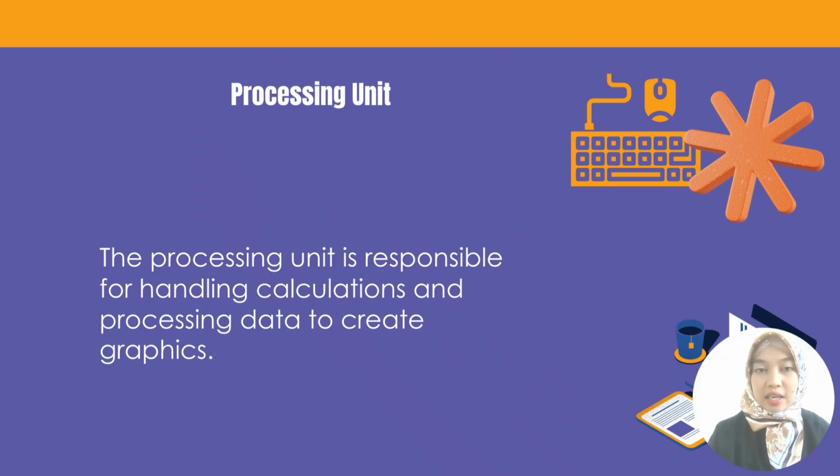So this is the processing unit. The processing unit consists of the CPU and the GPU. It is responsible for handling calculations and processing data to create graphics. It performs the calculations and processes all input data to generate graphics.